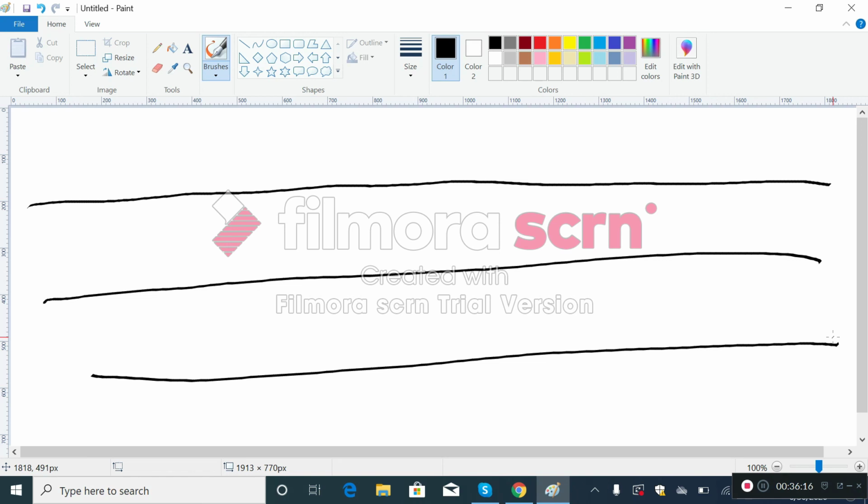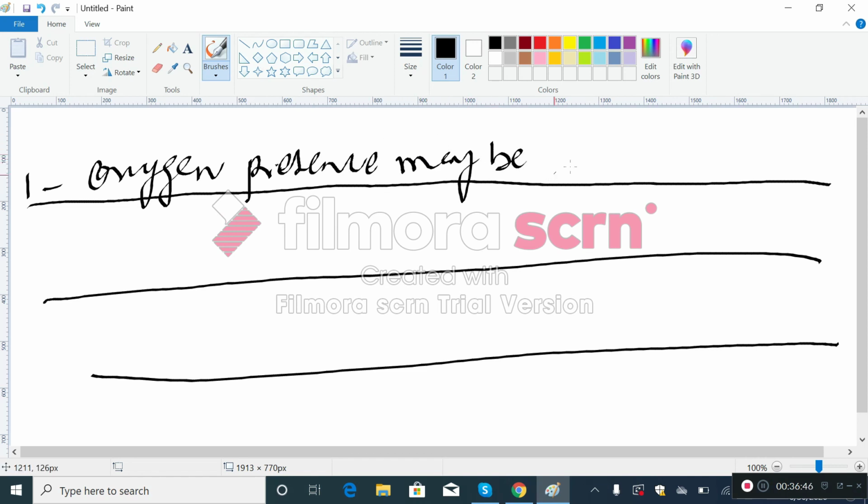So we may write, number 1, any method by which we can reduce the amount of oxygen. Oxygen percentage or oxygen presence may be reduced.